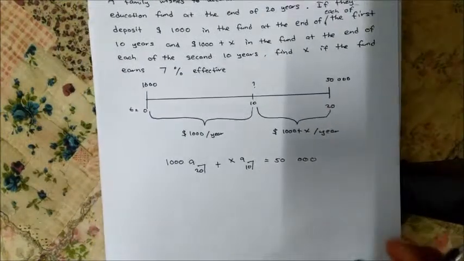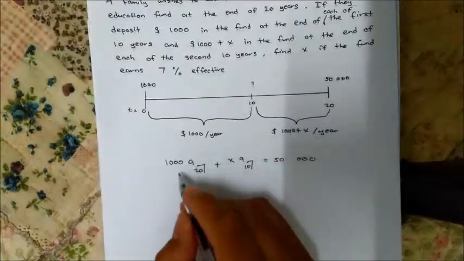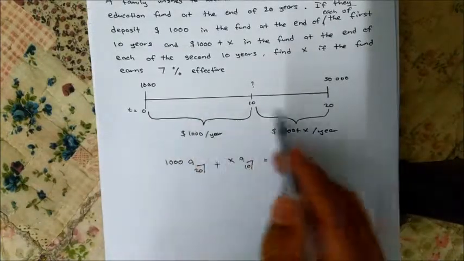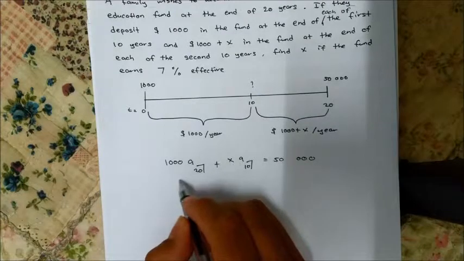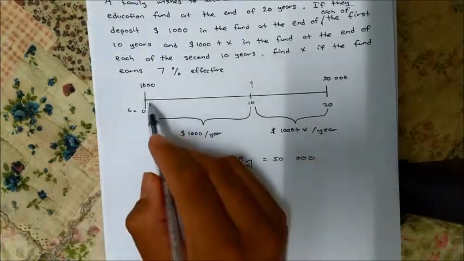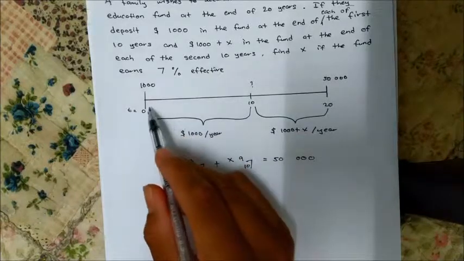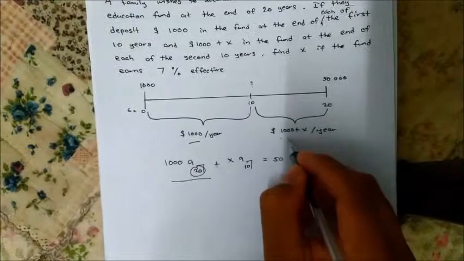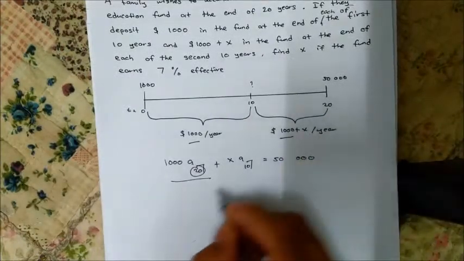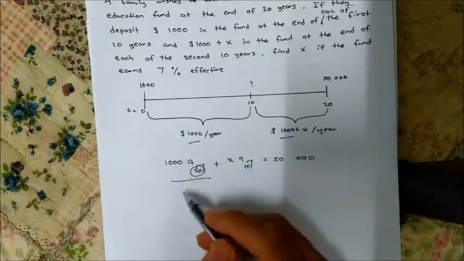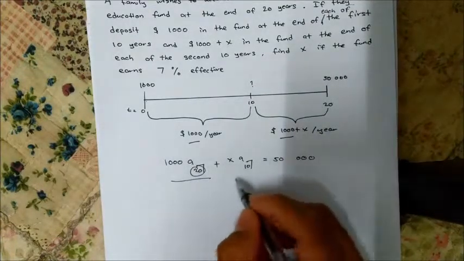Alright, note that I assume the deposit from year 0 to 20 is here. I made it 20 because if you look at the timeline from year 0 to year 20, the family will deposit 1,000. So we can assume that from year 0 to year 20, they maintain their deposits of $1,000.